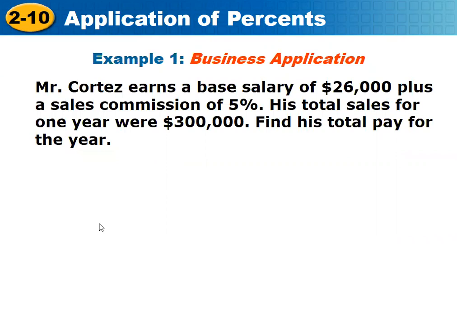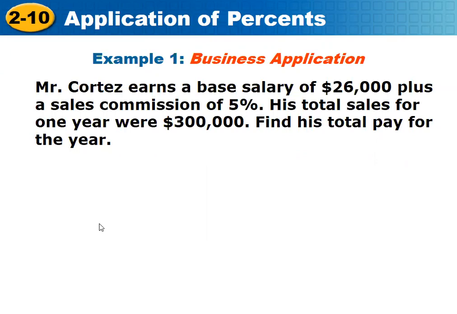Find his total pay for the year. In this question, you have to care about the main points and what you are looking for at the end. At the end, you are looking for his total pay for the year. At the end of the year, how much money is he going to earn?